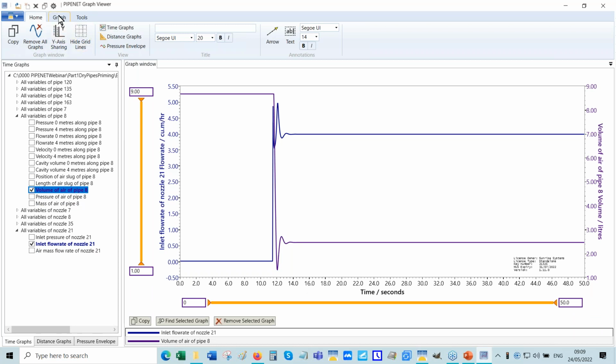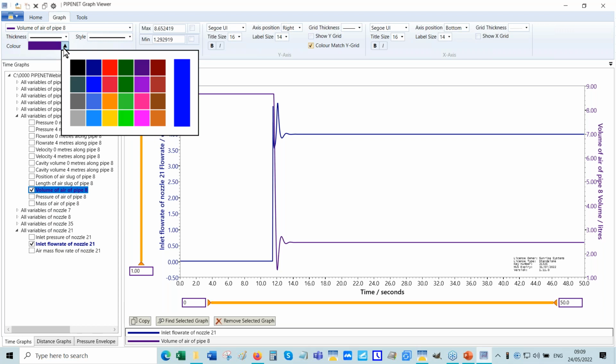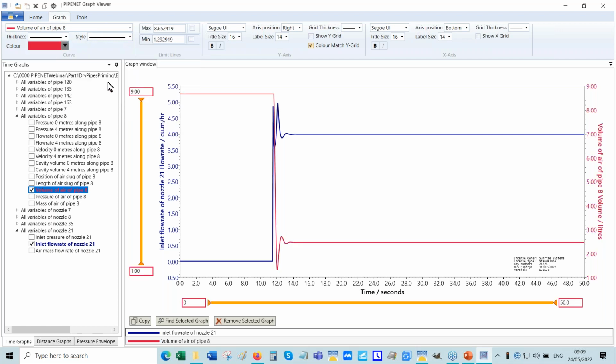Let's change the colors a bit. Okay. The red line is the volume of air in pipe 8. See, which is here. You can see that pipe 8 actually is full of air.